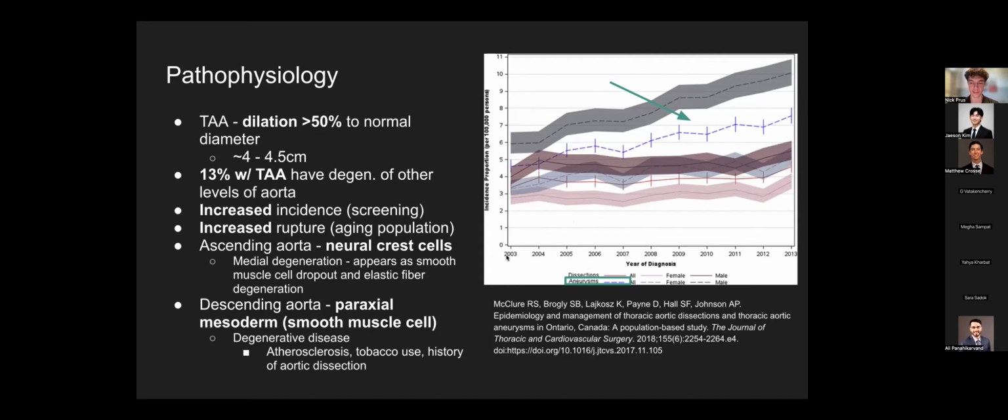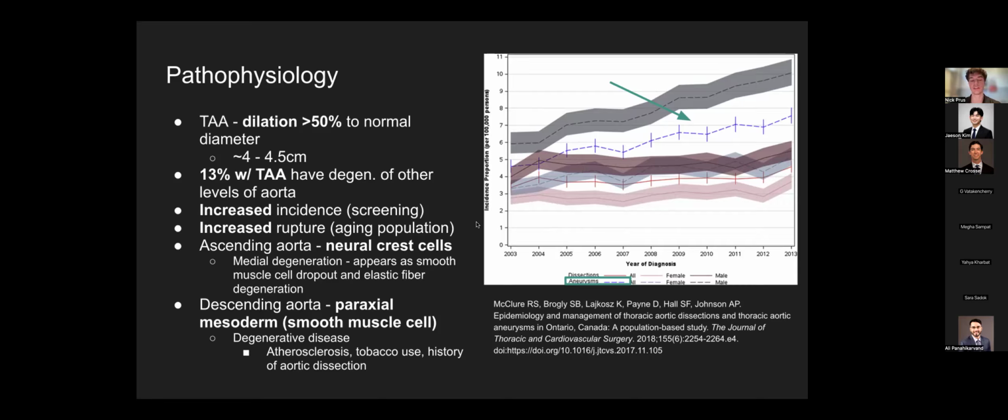It starts from 2003, so it's a decade of data, but the blue dotted line is reflecting aneurysm numbers, specifically TAAs, and it's been increasing throughout that past decade, and we can see a constant trend currently as well.